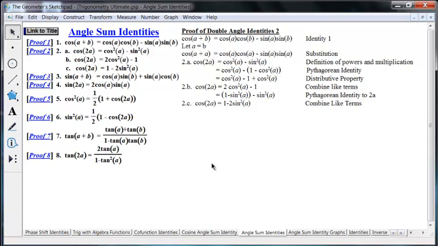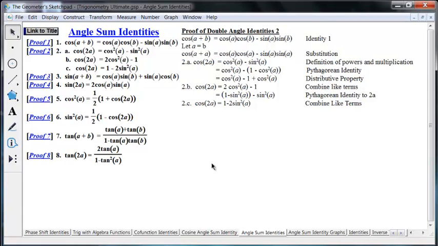So we could, for example, change sine square of A to 1 minus cosine square of A. We get that from taking cosine square of A plus sine square of A equals 1, our basic Pythagorean identity, solving for sine square of A, and we find that sine square of A equals 1 minus cosine square of A. Put that in place of the sine square of A. Now we distribute the negative 1, and that gives us cosine square of A minus 1 plus cosine square of A, and of course cosine square of A plus cosine square of A is 2 cosine square of A. And so we combine like terms there.